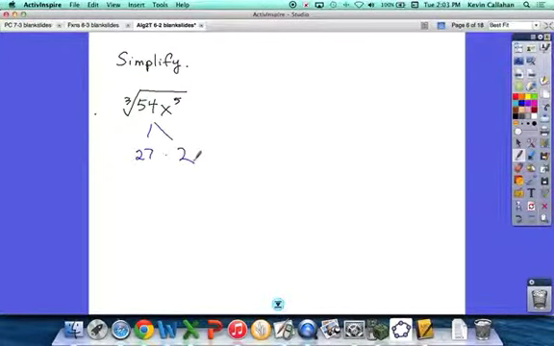And then the x to the fifth, does 5 divide evenly by 3? No. So how should I split the x's up so I can get maximum simplification? 3 and 2, right? So it'll be x to the third times x squared. And now we take the third root of every one of them.